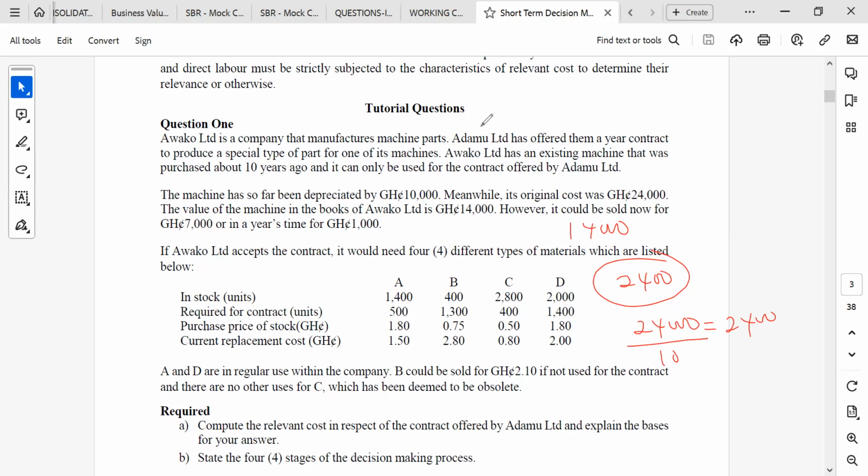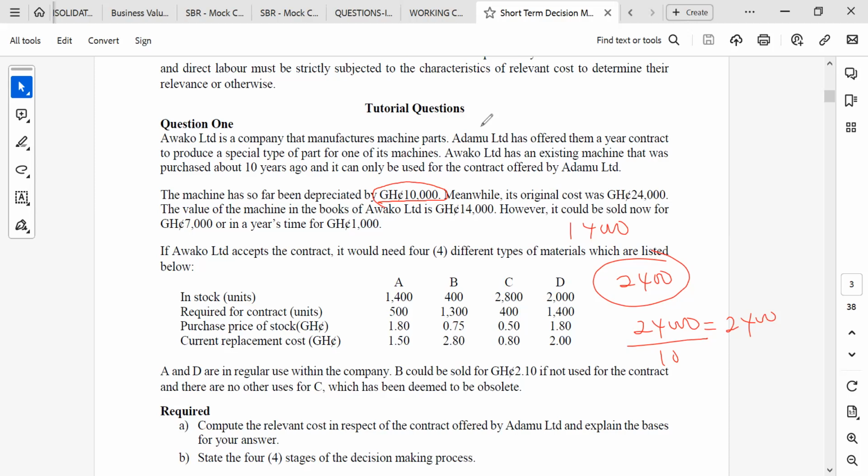The machine was purchased 10 years ago, and so far it has been depreciated by 10,000.